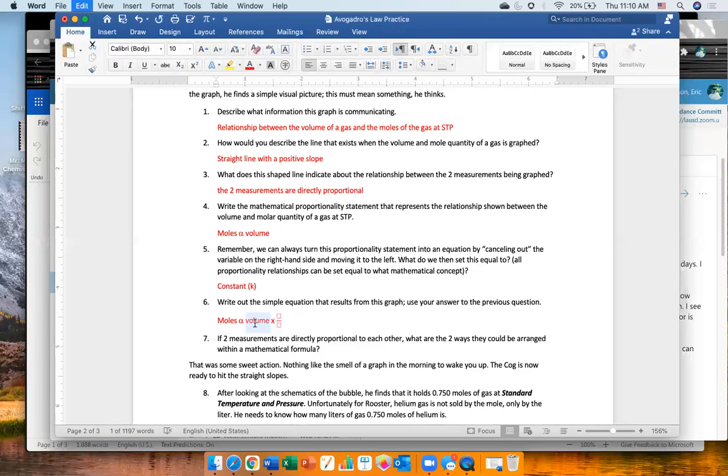So really what this is saying is that volume is in the numerator. So if I want to cancel that out, I need to put the volume in the denominator. So here I can now cancel this. So I can just put a 1 here. Remember, you can put 1s in anywhere and it won't change.